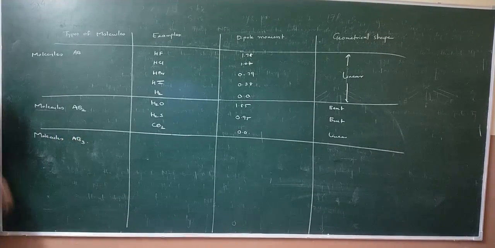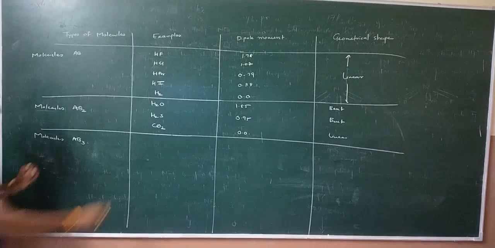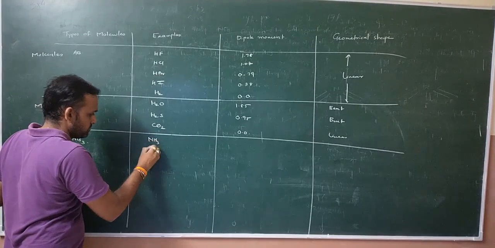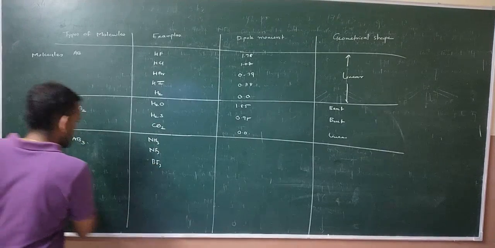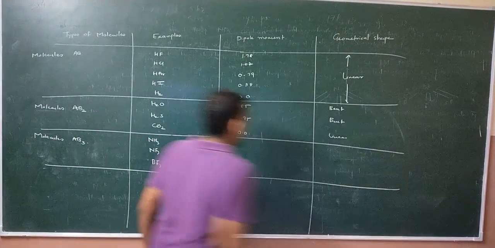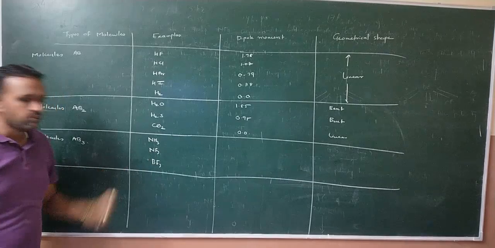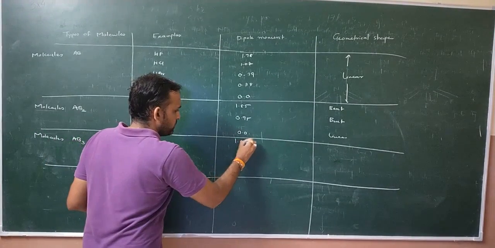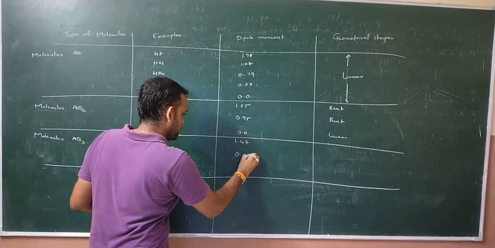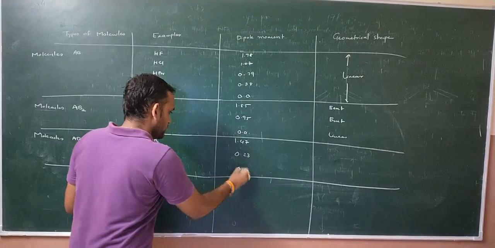Now AB3 molecules: NH3, NF3 and BF3, right? And here, the dipole moment will be very high in NH3 that we have studied, 1.47, 0.23 and this will be 0, right?